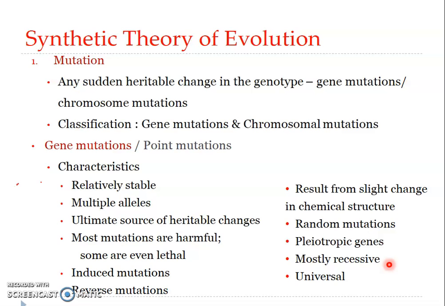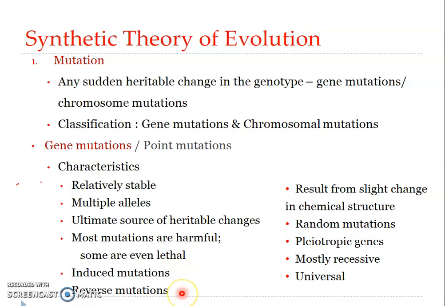So the main characteristic features of gene mutations are: genes are relatively stable, and genes can mutate to form multiple alleles. The ultimate source of heritable variations are gene mutations, and most mutations are harmful or deleterious, and some are even lethal. Then external agents can bring about induced mutations.